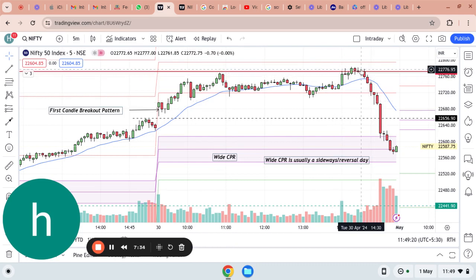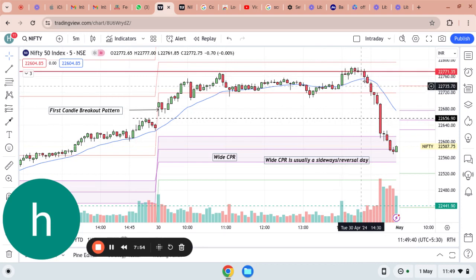Now, this can be an M pattern or this can be a fake breakout as well. So, you see this candle has given a breakout and then this candle has reversed. And since this is the all-time high, this has reversed so fast.